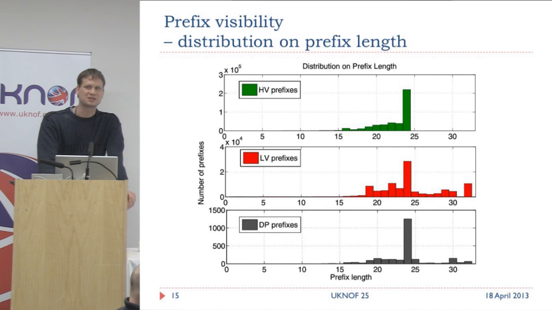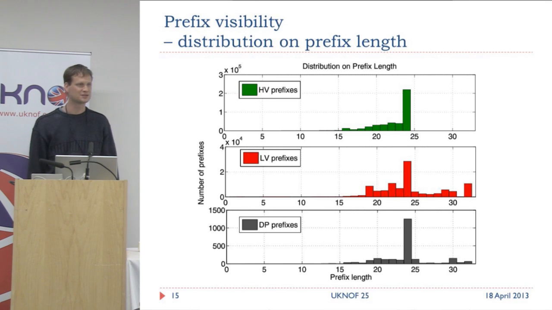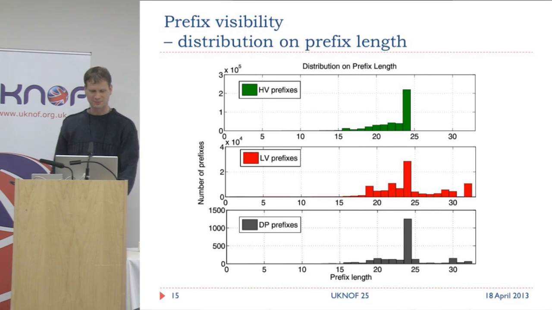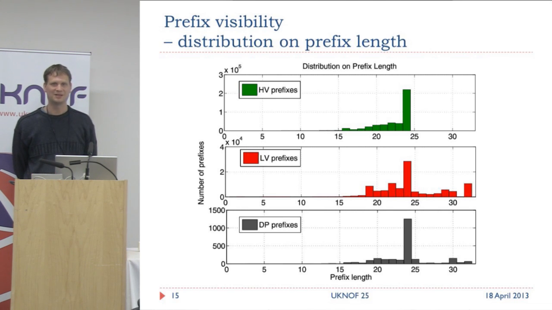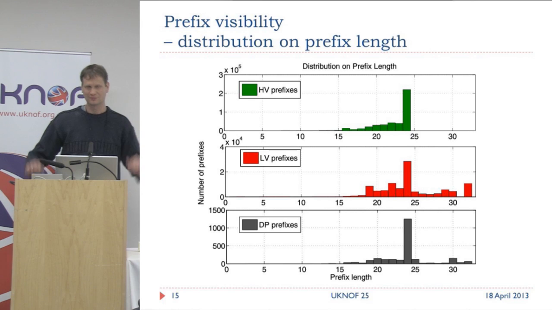Here I have just a slide which shows a histogram of the prefix length distribution again, but this time separated by high visibility, which propagate everywhere, which is more or less a normal prefix length distribution, as you probably have seen it many times on Geoff Houston's website. And then limited visibility prefixes and dark prefixes.